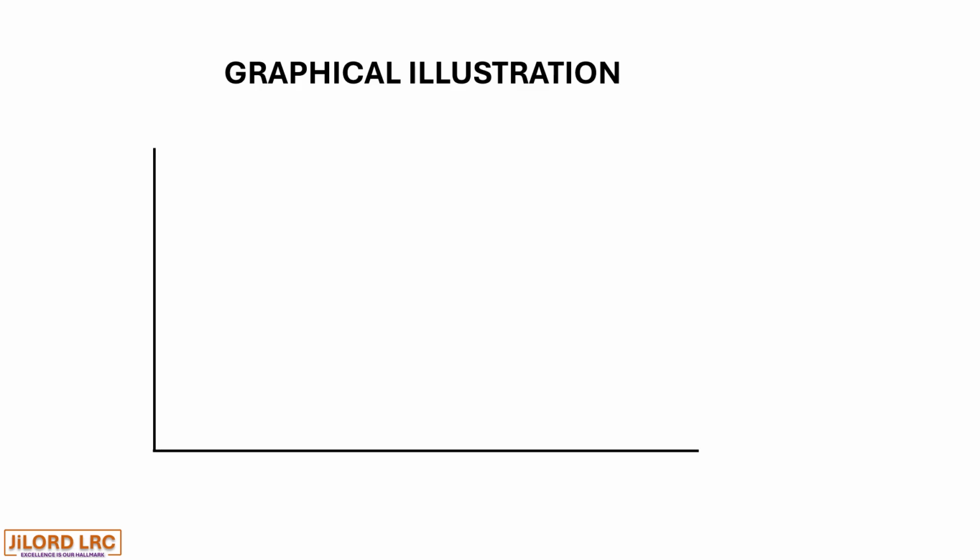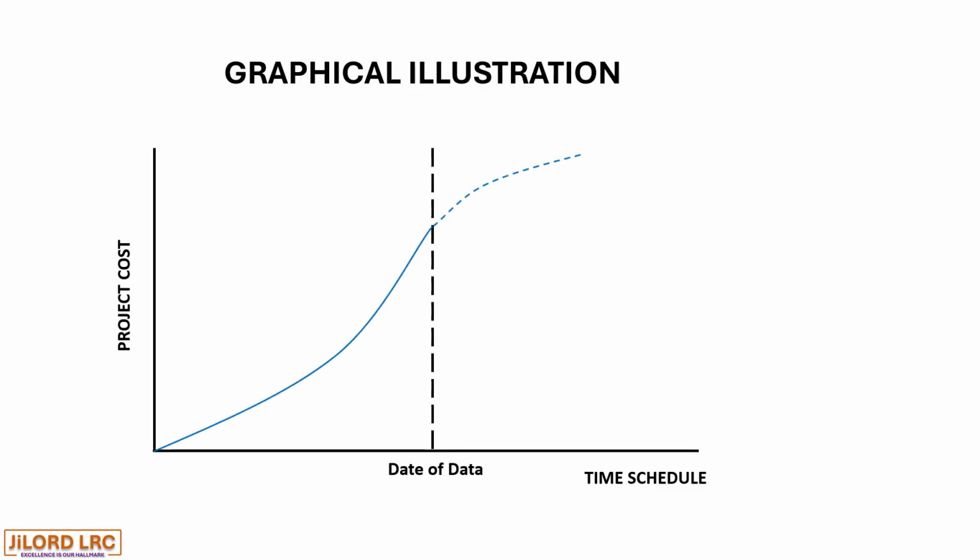Now let us take another form of graph. We have our project cost on the vertical axis and the time schedule on the horizontal axis. We have our date of data, and we have our planned value or project S curve with the planned value at the date of data and the budget at completion at the end of the project.